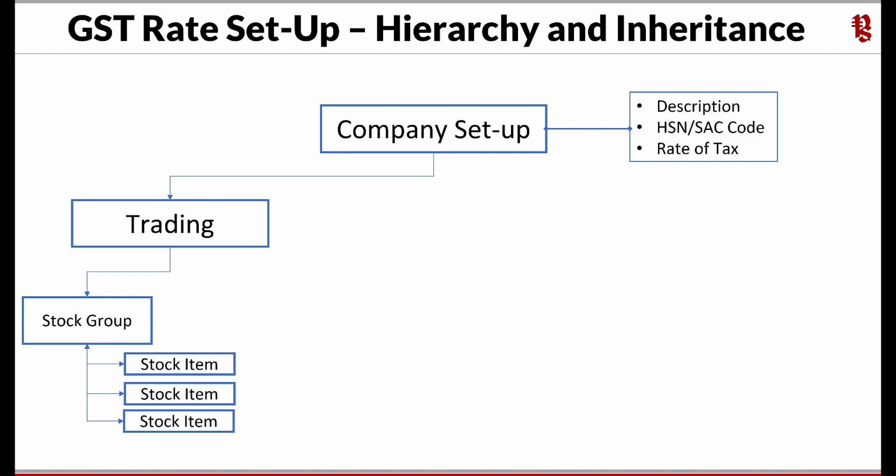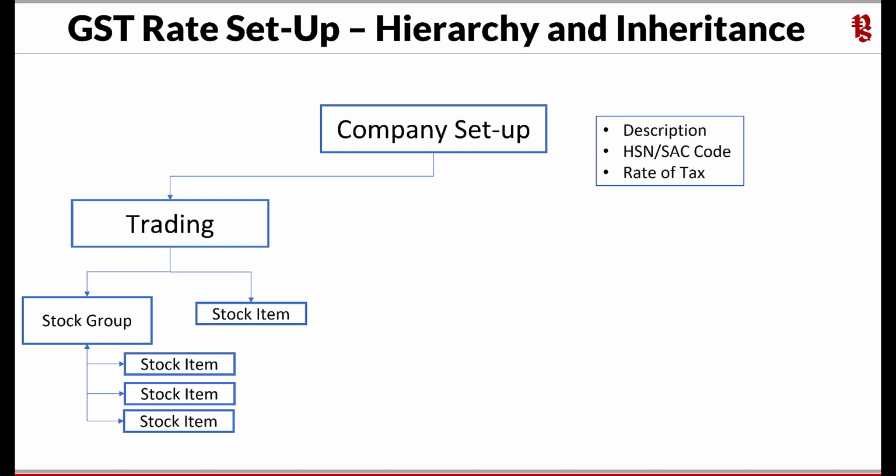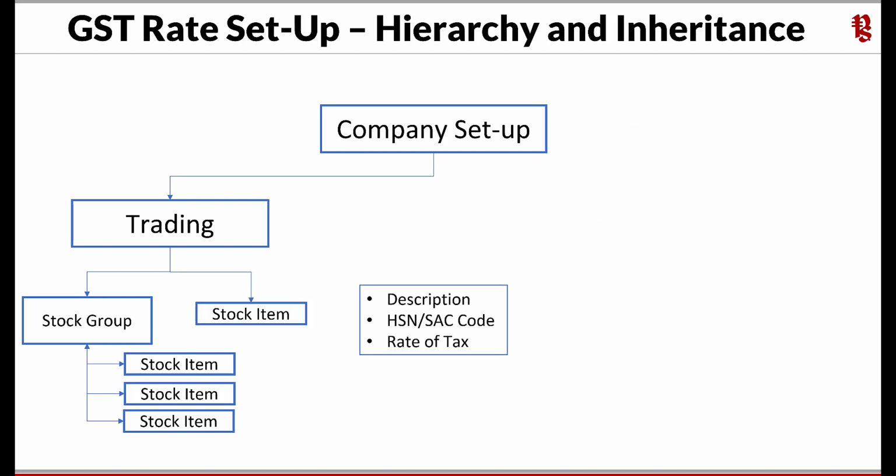For example, the majority of the items that you are dealing with are, let's say, 18%. We can set up that configuration at the company level and come to the stock group where the GST rate is different. You can configure the GST rate and the relevant information like description, HSN, SAC code and rate of tax for that particular stock group.